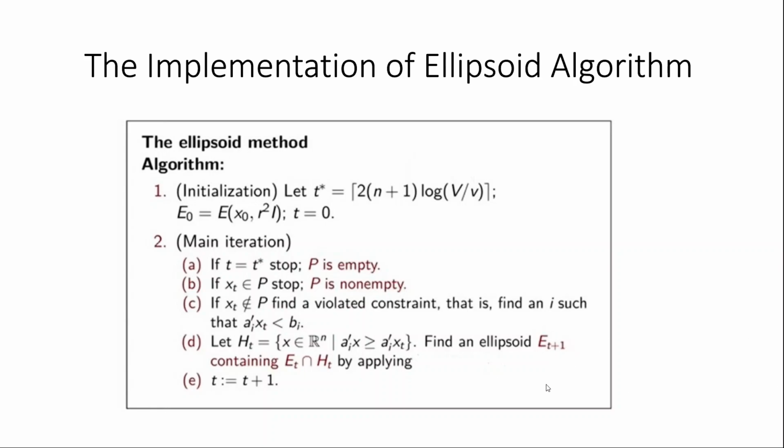The volume of the newly created ellipsoid ET plus 1 is just a fraction of the ellipsoid ET. Now this is the iteration step, and this step keeps on happening until either we reach the threshold or we find a point that is inside the polyhedron. Either way, we prove whether there is a feasible solution to the problem or not.